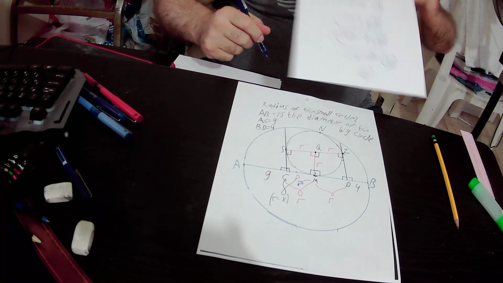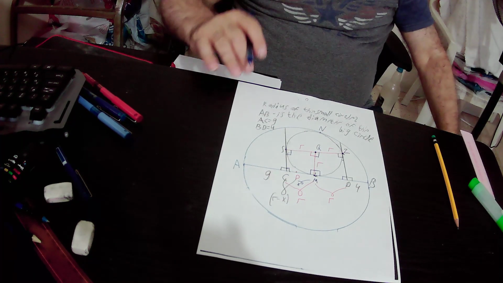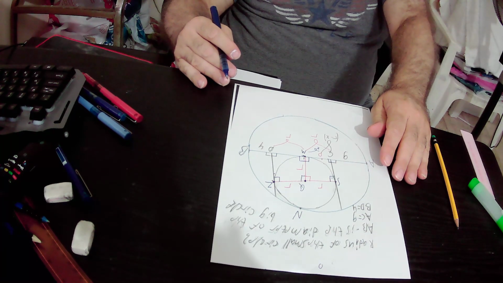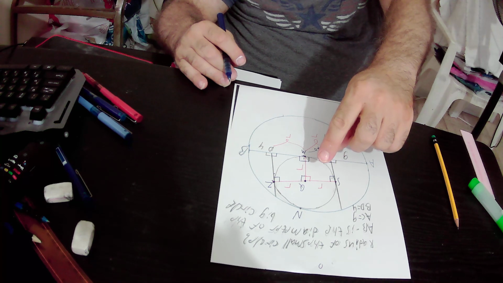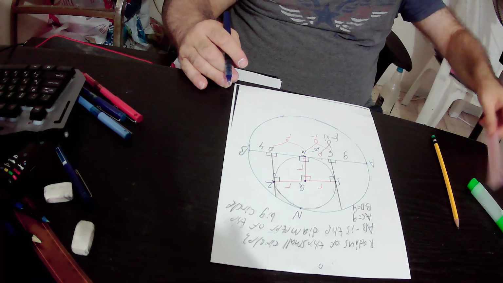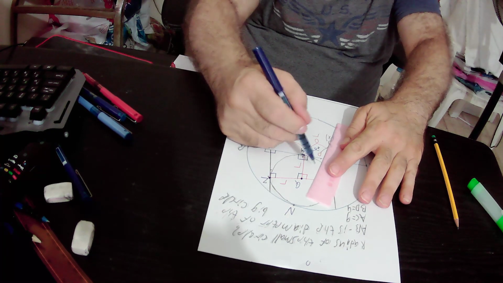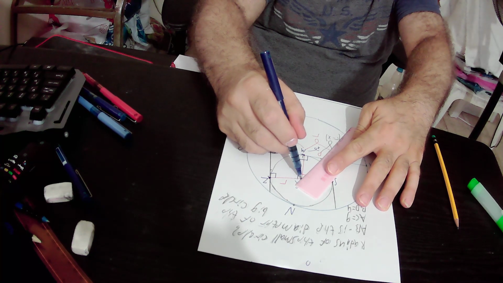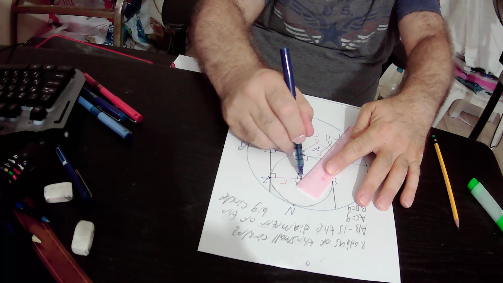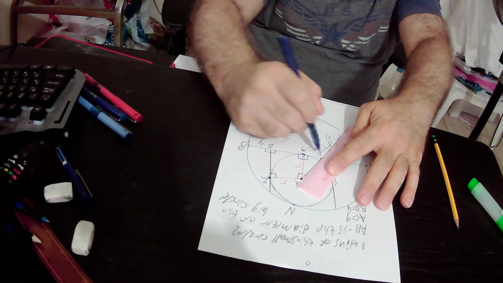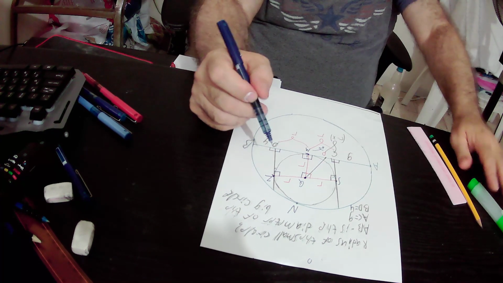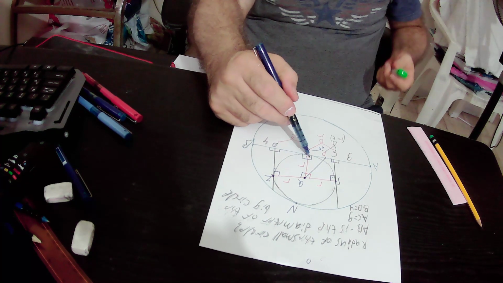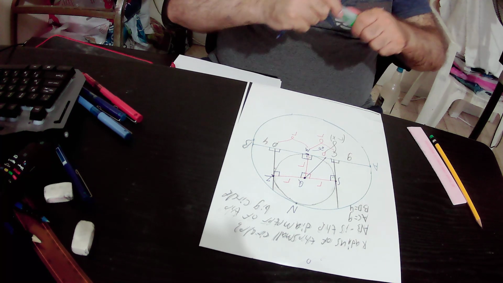So here we will connect together points Q and P by a straight line. Actually, triangle QMP is a right triangle because this angle is a right angle.